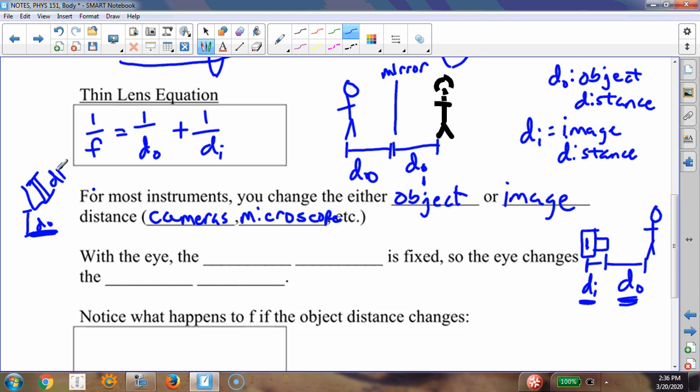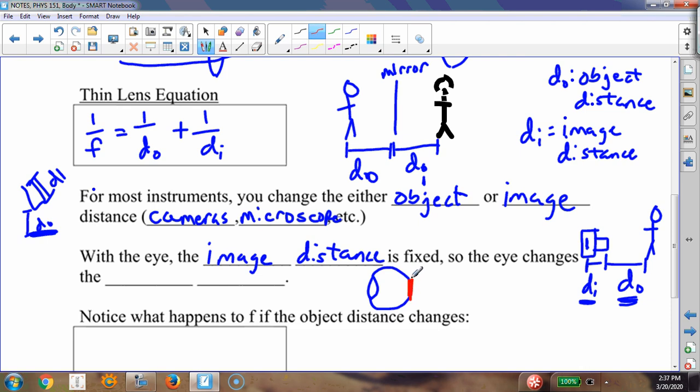With the eye, however, the image distance is fixed. It's always fixed. So if you imagine an eye, I'll imagine the eye as a lens with some imaging surface at the back.